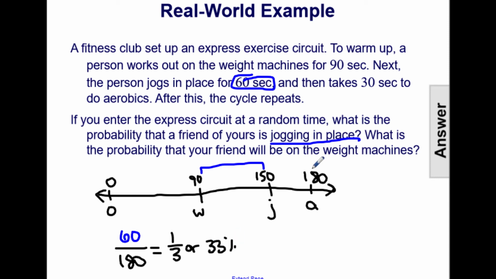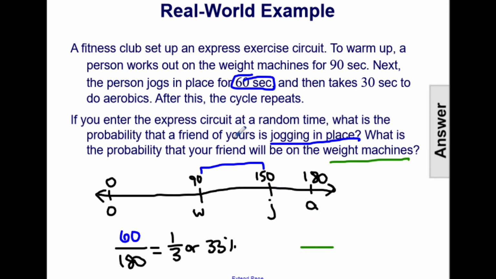Then we want to look at the probability that your friend is on the weight machines. We're still looking at the same exercise circuit, from O to A, so 180 would be our total.